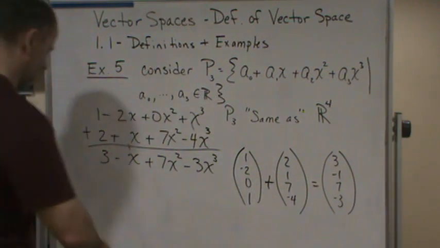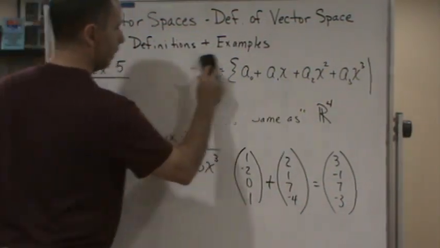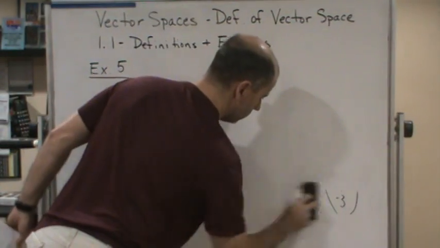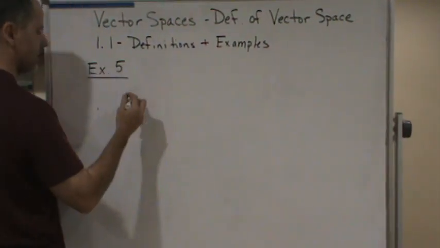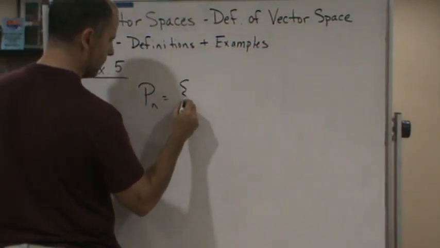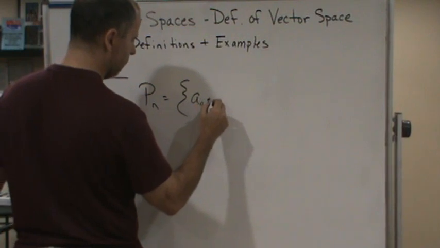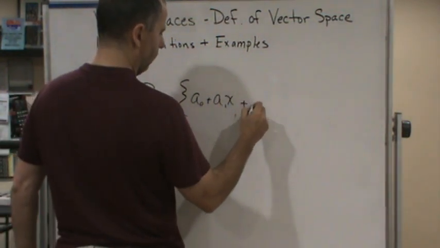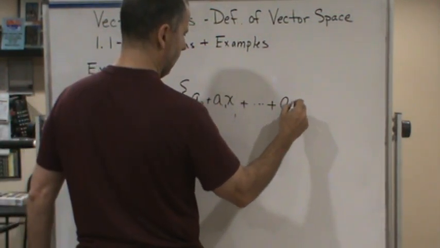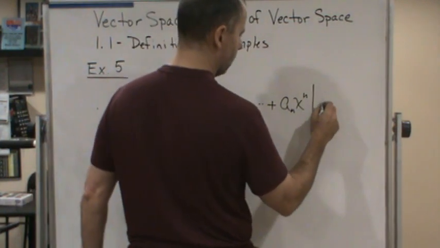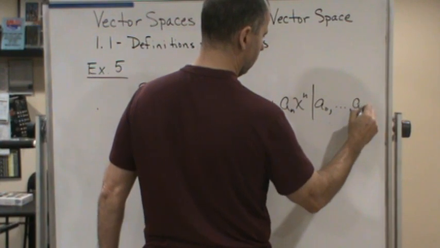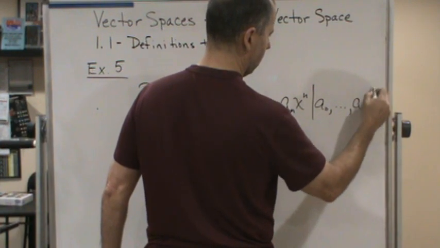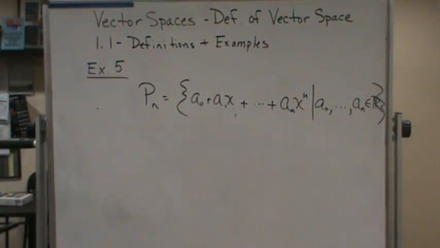So in general, we would write P sub n is equal to the set of a0 plus a1 x, plus dot dot dot plus a sub n x to the n, such that a0 to a sub n are real, under the operations of the usual polynomial addition and scalar multiplication.